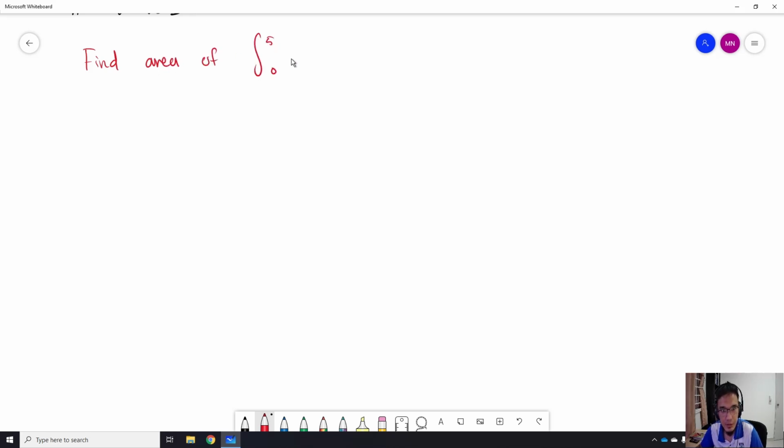Okay, our final example is to find the area of the integration from 0 to 5 of square root of 1 plus x squared dx, by using trapezoidal rule with 6 ordinates.